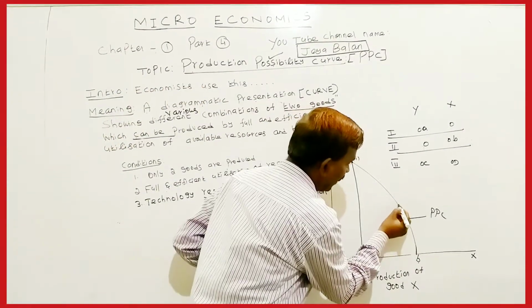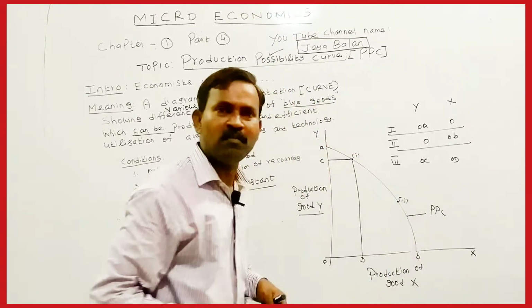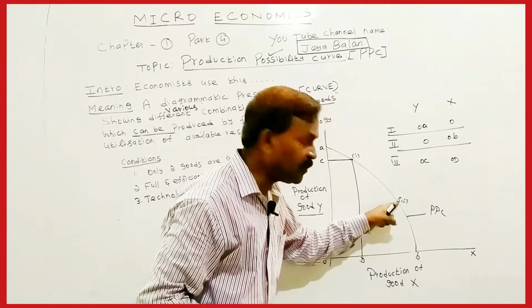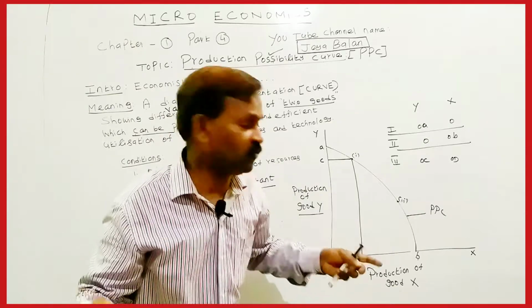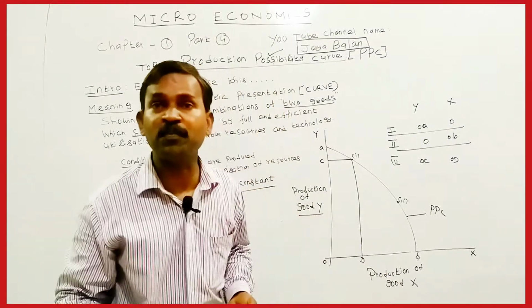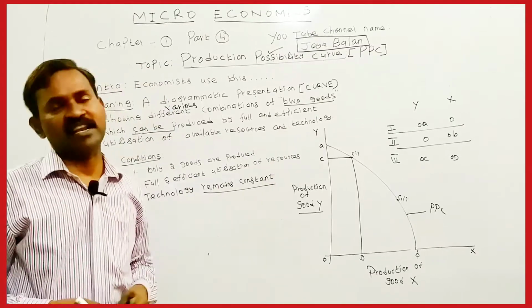Now I am going to plot a point here. Let me name it as 2. What do you mean by this point I plotted on the PPC? It is going to show another combination of both the goods that can be produced by utilizing the available resources and the present technology.